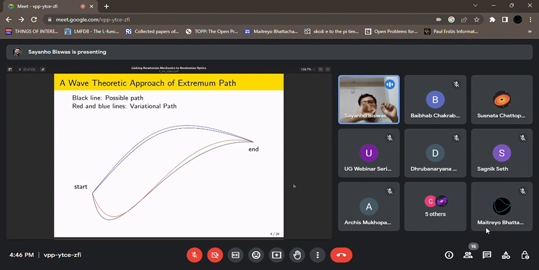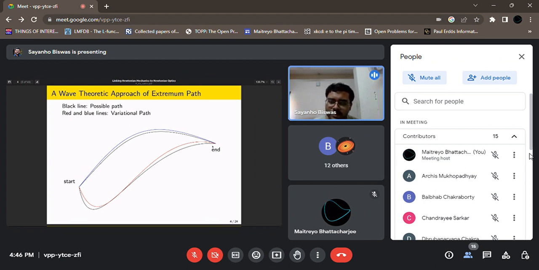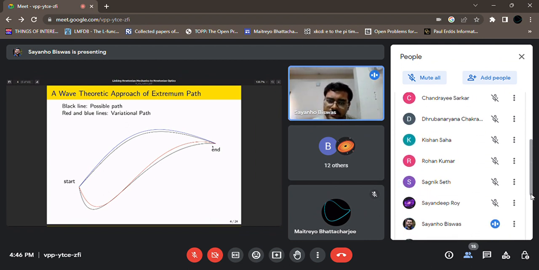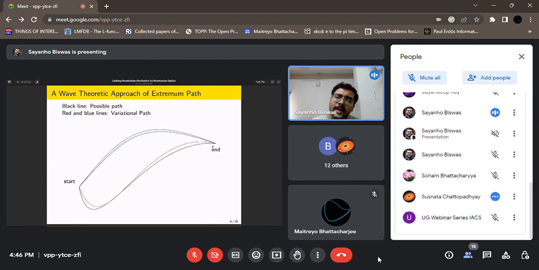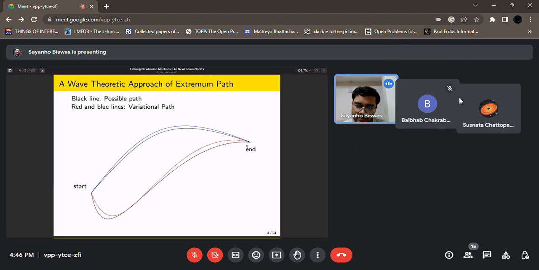So basically, there is a path, there is a wave, slight variation, the path length does not change, and hence there is no phase difference between the black line and maybe say the red line over here. There is no change in that. What does that mean? That means in the infinitesimal neighborhood of this wave, there is constructive interference, 100% constructive interference, and anywhere else there is not 100% constructive interference.